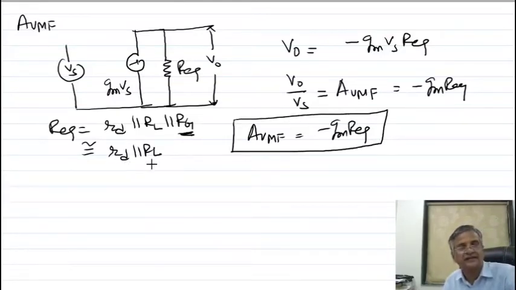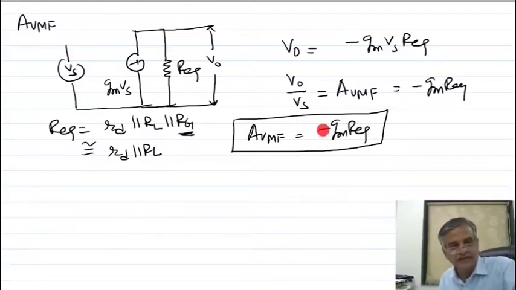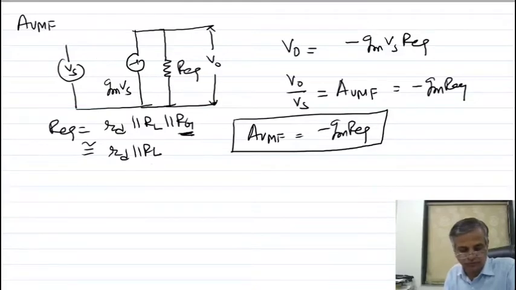RD parallel RL. This R equivalent is either this or this, anything you can take. This negative sign indicates there is a 180 degree phase shift between input and output.